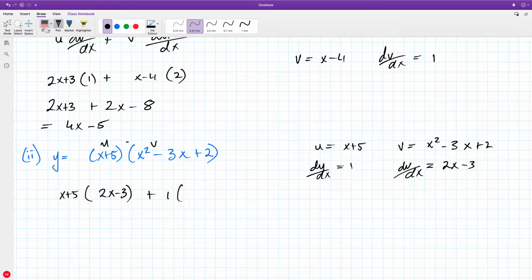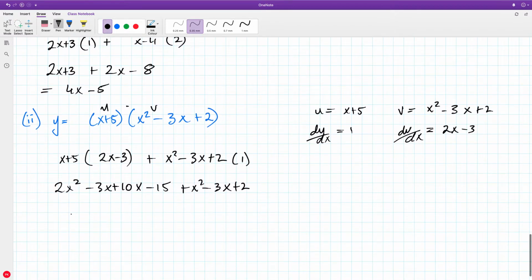Sorry, v is x squared minus 3x plus 2 by du dx, which is 1. So 2x squared minus 3x plus 10x minus 15 plus x squared minus 3x plus 2. 2x squared and x squared is 3x squared, minus 3x is minus 6x plus 10x is plus 4x, minus 13.